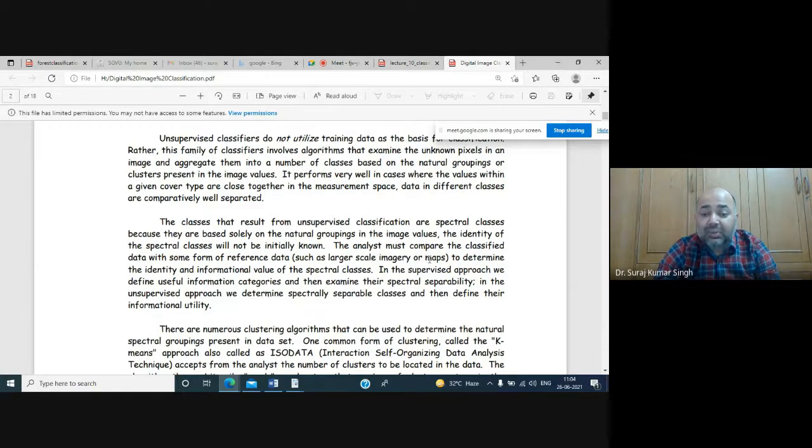The analyst must compare the classified data with some form of reference data to determine and identify the information value of the spectral classes. So the system automatically generates the spectral class clusters, and it rearranges the classes according to the number of iterations we have provided. Each iteration changes the class values and makes a more composite value.